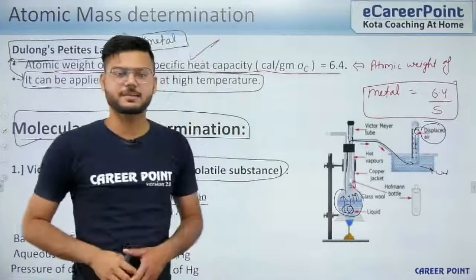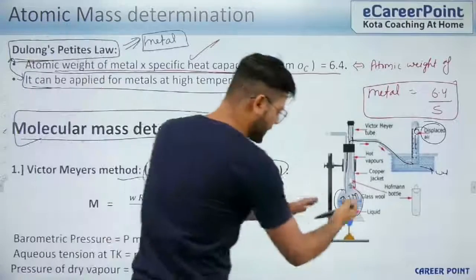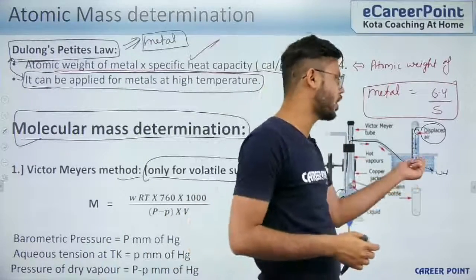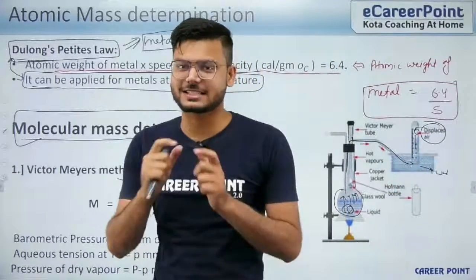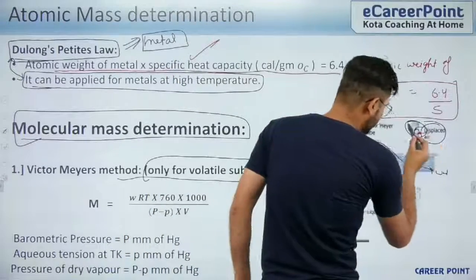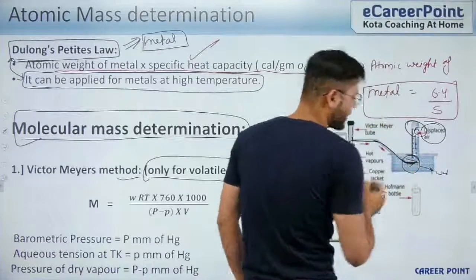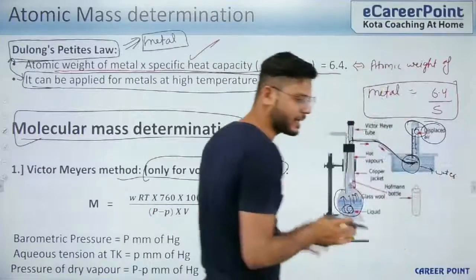In reality, the volatile liquid is vaporized, then it goes here and the water is replacing the air. This gas, or the volatile substance which is displacing the air, is actually facing the surface tension of the water. So the surface tension of the water is hindering it.